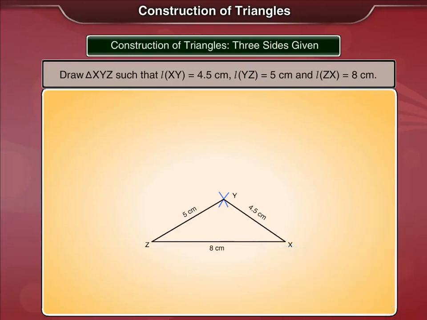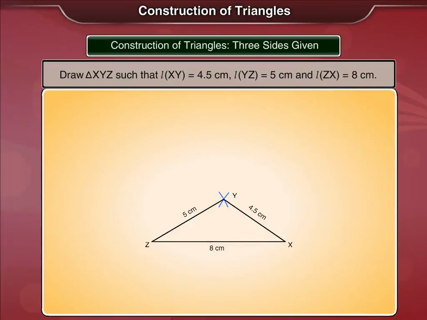Come on, let us start the construction. Take radius ZY, that is 5 centimeter, in the compass. Now, place the pointed end at point Z. Draw an arc on the lower side of base ZX. Now take radius equal to XY, that is 4.5 centimeter.